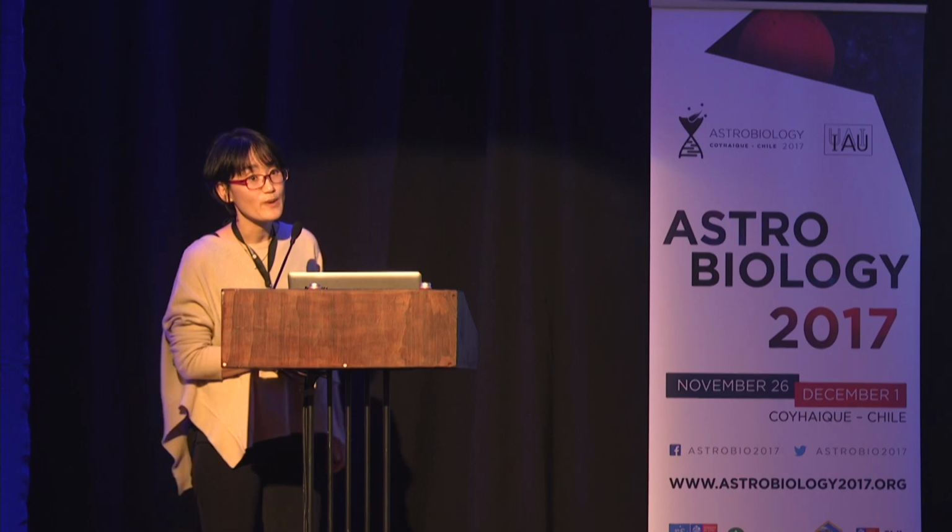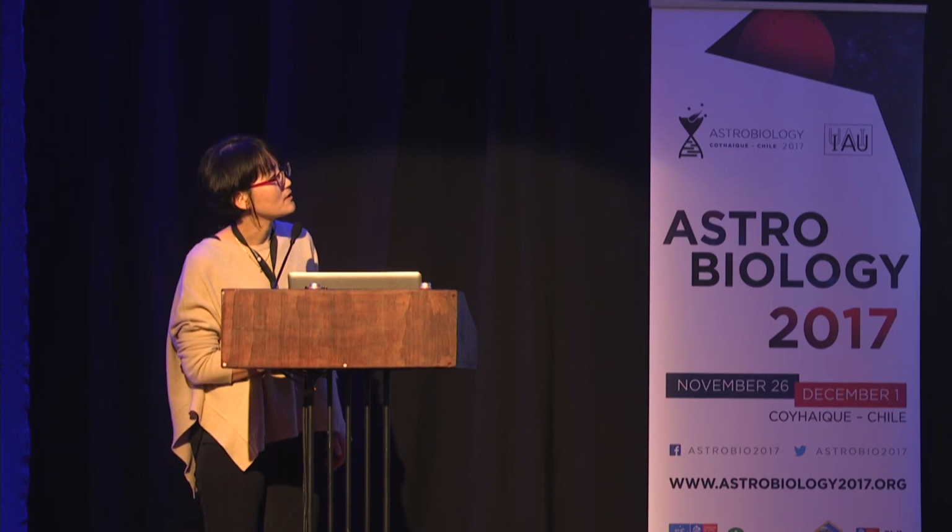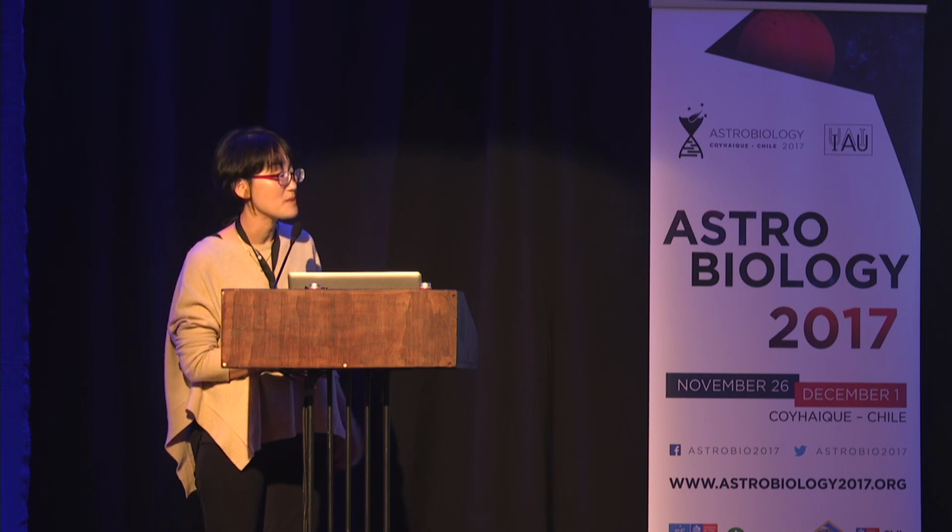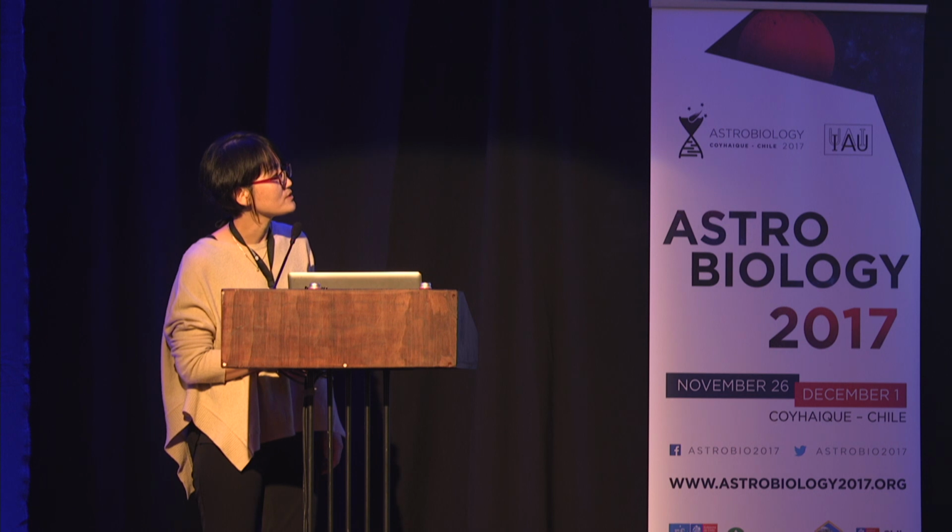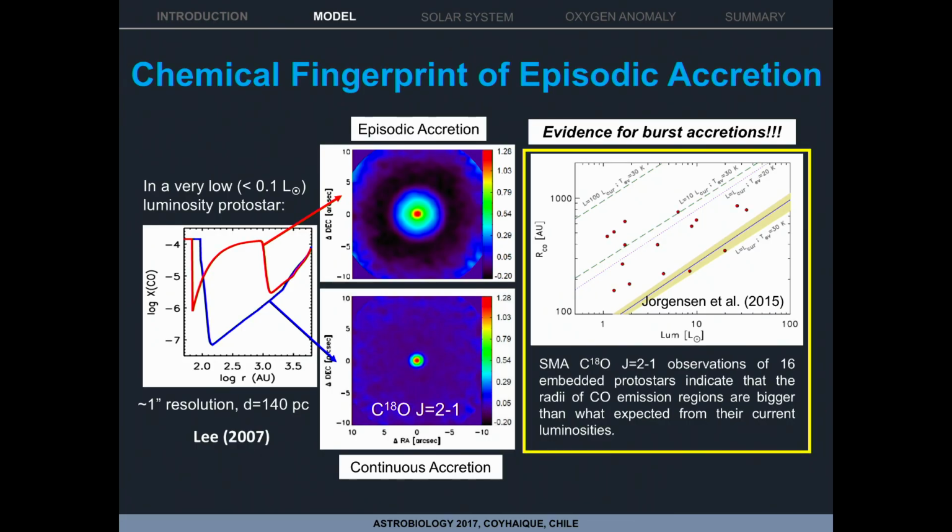These red dots indicate the CO emission radii derived from observation in 16 protostars, and this solid line indicates the CO emission radii calculated from their current luminosity under the assumption of continuous accretion. So this result could be strong evidence of episodic accretion.